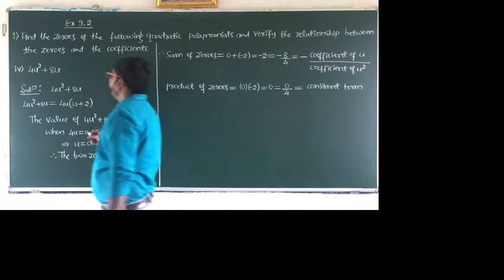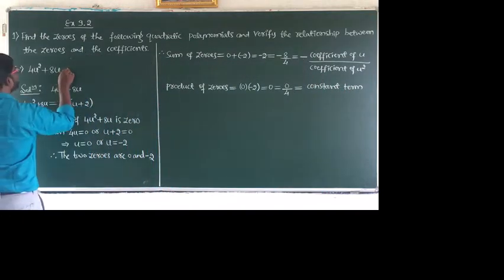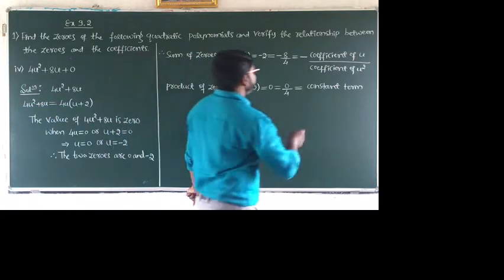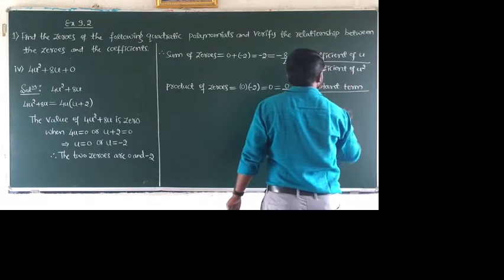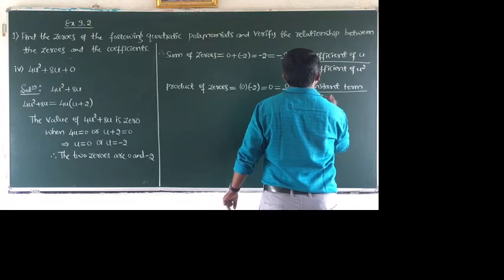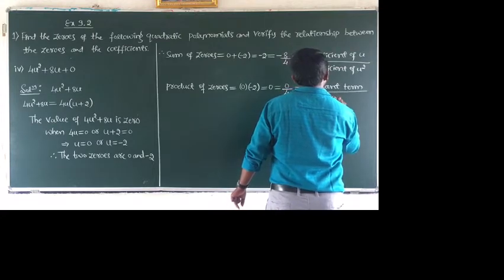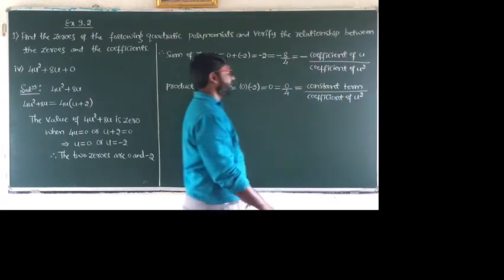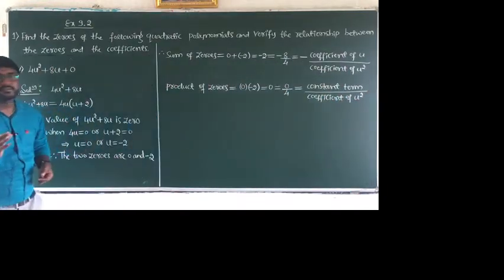So here 4u square plus 8u plus, I can write 0. So here 0 is the constant term. Then whole divided by, what is 4 here? 4 is the coefficient of u square. So this is all about the fourth sub question.